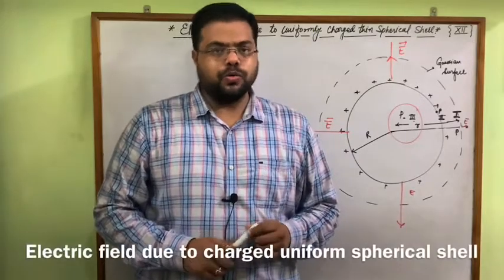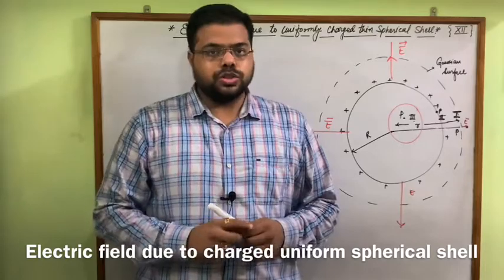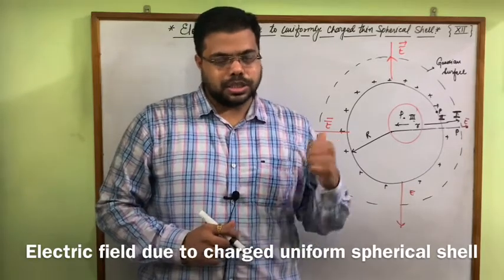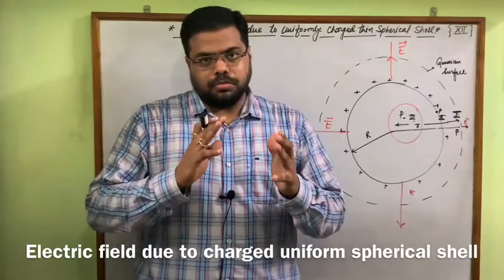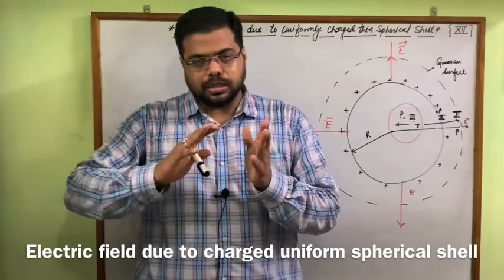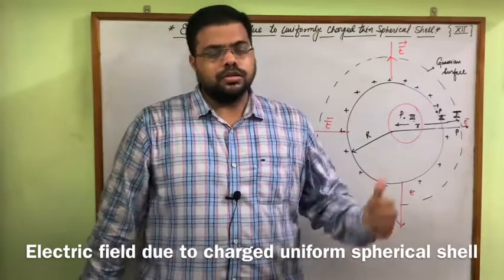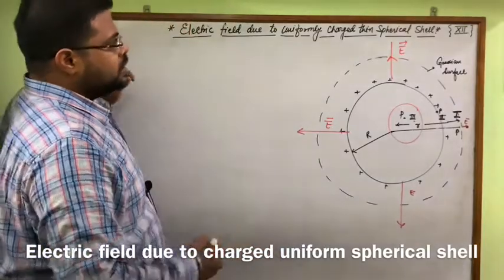From an exam point of view, when we look at the previous question papers, one question is also attached to this derivation: find the nature of the graph between electric field and the distance r for a thin spherical shell. So here we can consider all three cases.